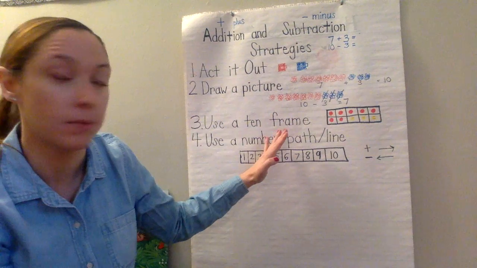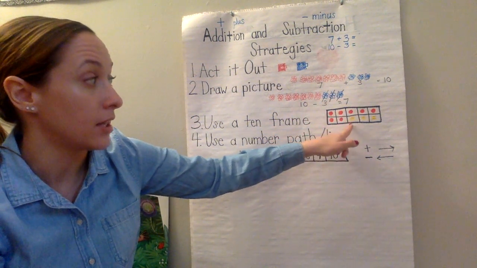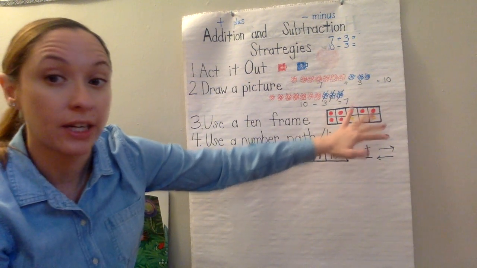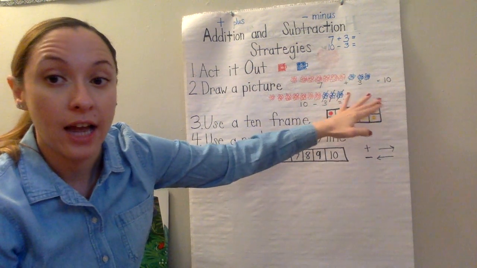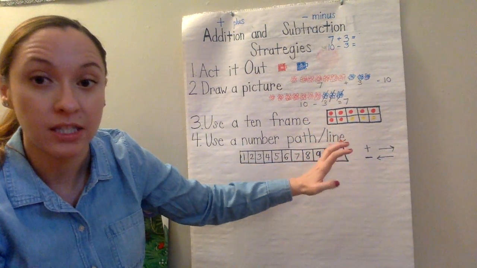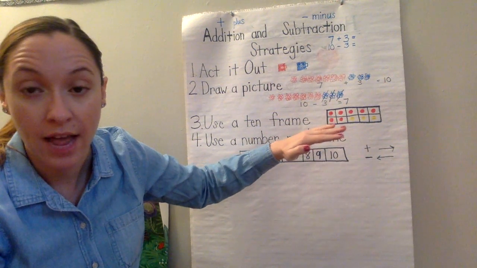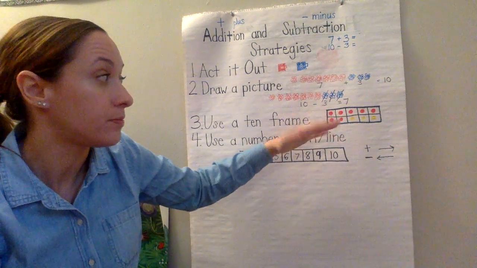The best thing to do would just be to draw it out. Okay, so in this example, I have 7 red counters plus 3 yellow ones, and that would give me 10 total. And this is a good visual for kindergartners, because if they can look at the 10 frame and see that it's full, they know that this is automatically a 10, and that is building up their number sense.